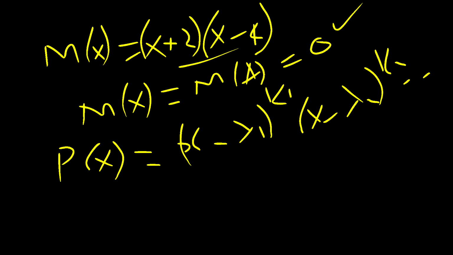So the eigenvalues lambda 1, lambda 2, and so on have multiplicities k1, k2, and so on respectively.